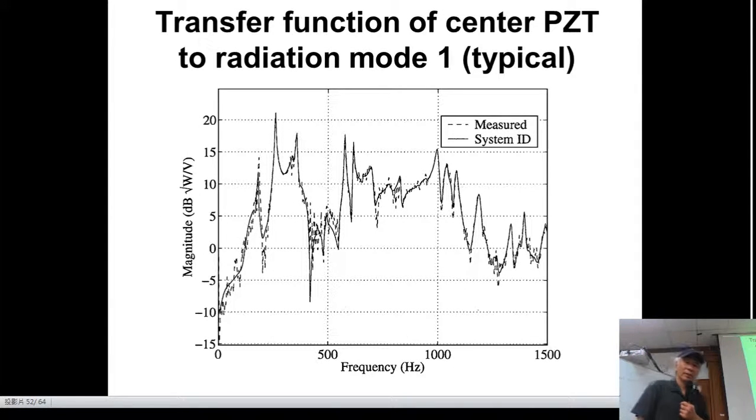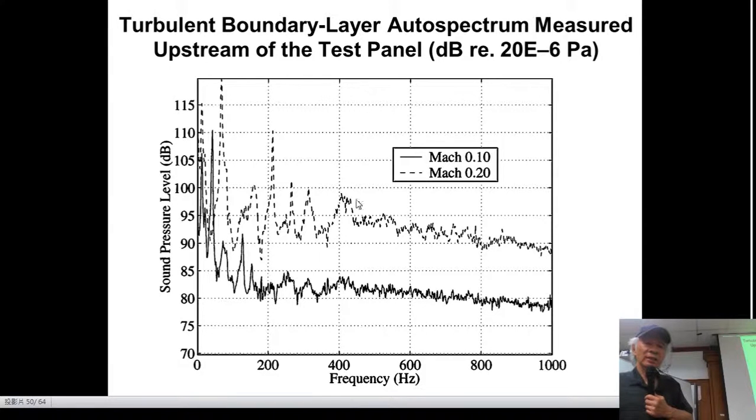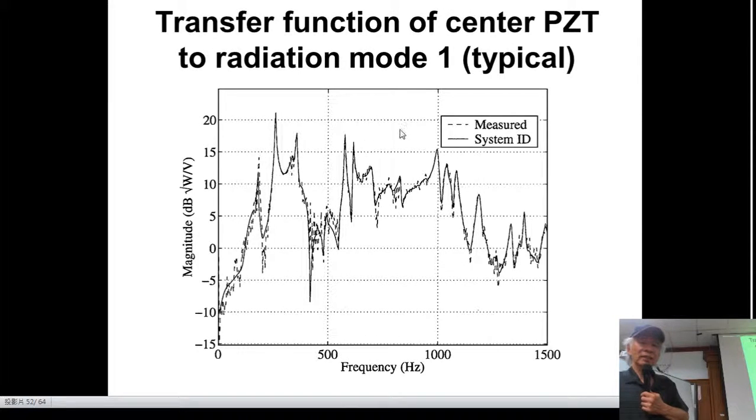All right, and this shows you our system ID. This is from the experiment measurement, and this is from system ID. When you compute alpha and beta, you can plot what is called the spectrum, and the system ID does a very good job.